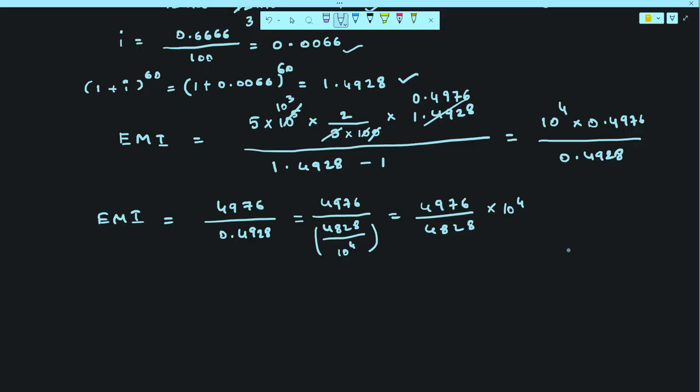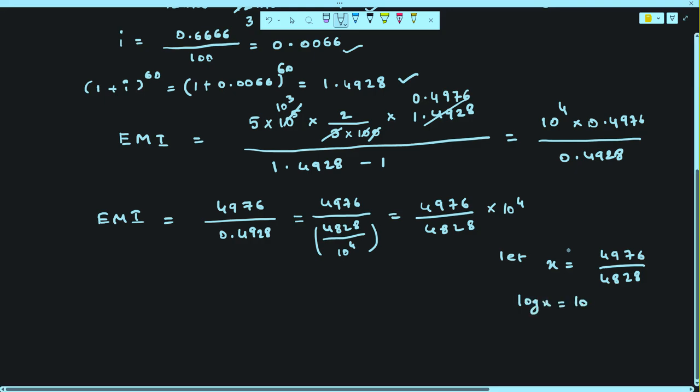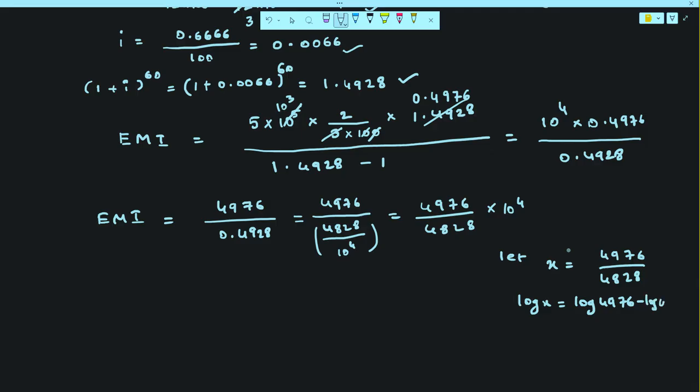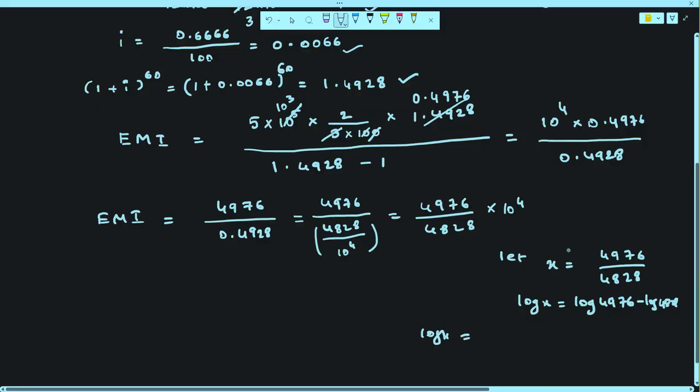So now let us take this part as x. Let x be equal to 4976 divided by 4928. These are all to be presented in the solution answer sheet. Take logarithm. So log x is equal to log 4976 minus log 4928. So log x is equal to how much?